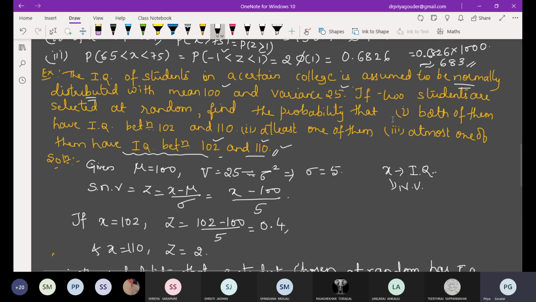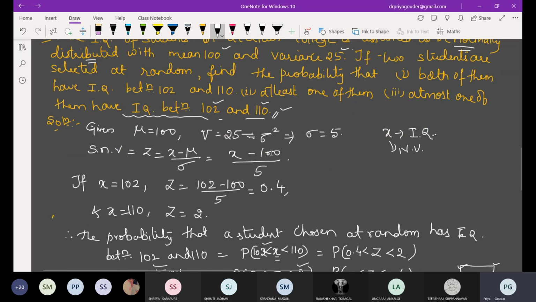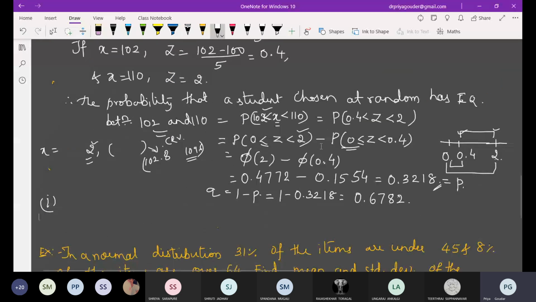Find the probability that both of them should have the IQ between 102 and 110. Suppose there are two students, A and B. Both of them means student A and student B should both have that IQ level, right?